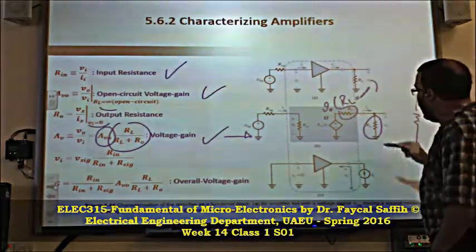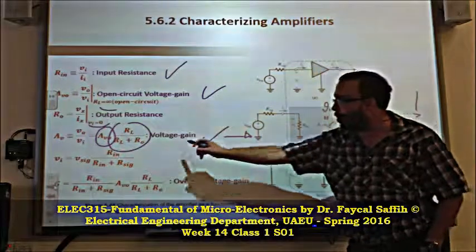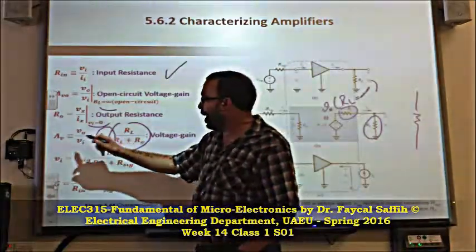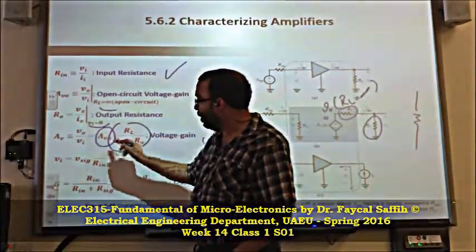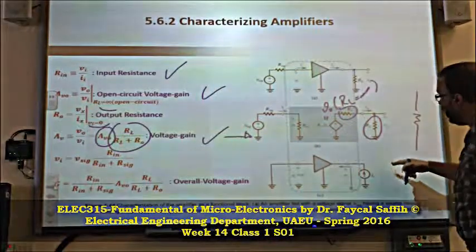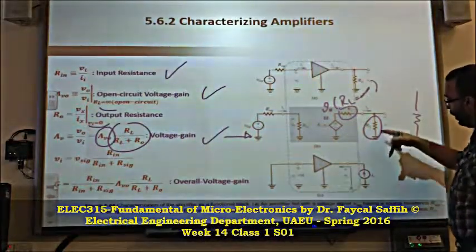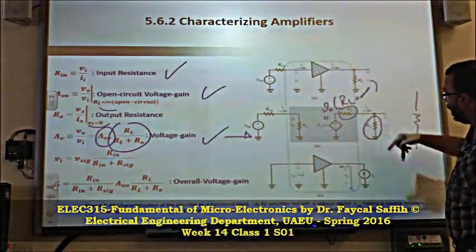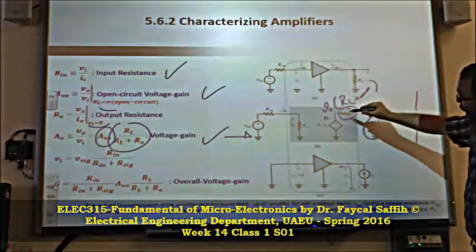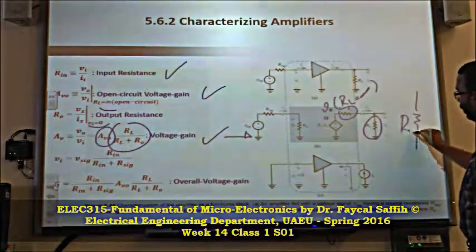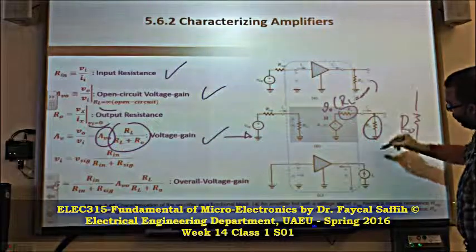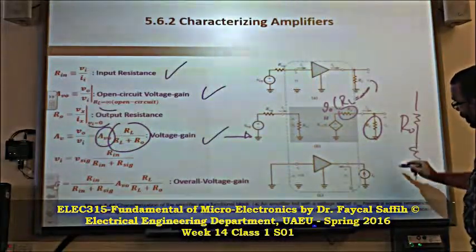Good enough? Now we come back to the voltage gain. To find the voltage gain, we have to calculate the output voltage. We have here R0, and from here to the ground we have this resistance, R load.